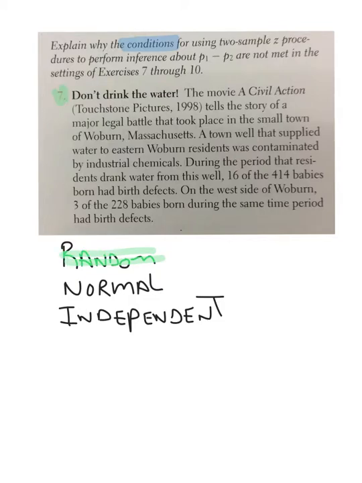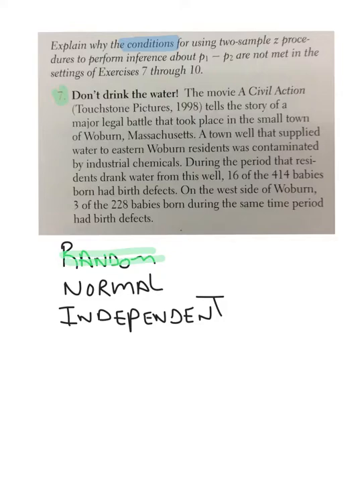What they talk about is all of the babies on one side of town, 16 of them had birth defects. And all of the babies on the other side of town, 3 had birth defects. All of them. It's not a random sample. So that's going to be a problem.